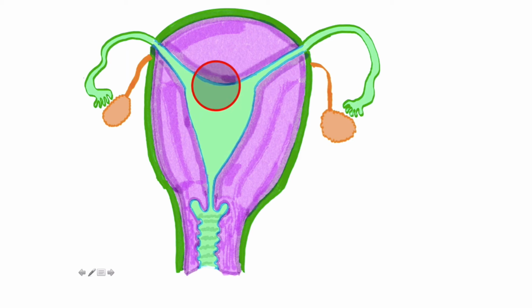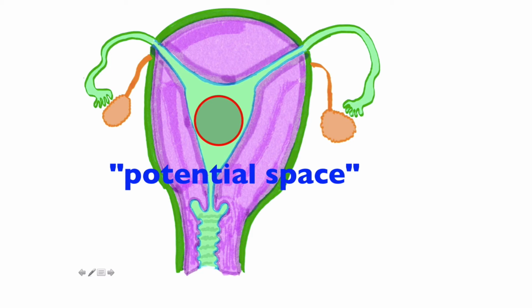Really, it's due to surface tension by the fluid or mucus that is lining that layer of the uterus. And surface tension causes membranes to adhere to each other. So please keep in mind that in females that have never been pregnant, this is actually what's described as a potential space, because a space really does not exist.